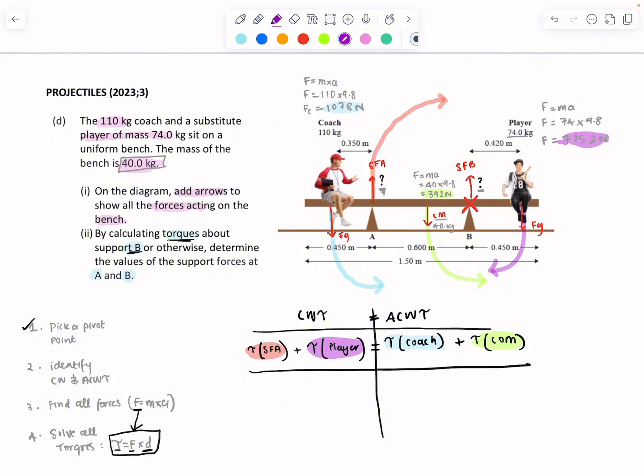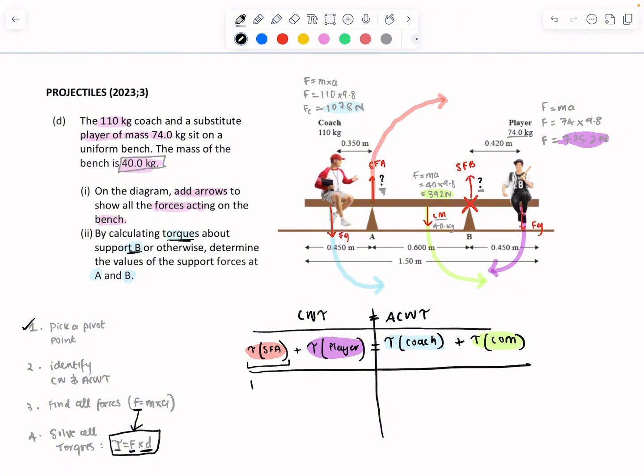All right, now what we can do is we can solve all the torque equations and flesh it out. So before I go ahead and do that, let me write the symbols for everything, just so it's really clear for you, okay? So to work out the torque equation for support force A, we are going to have to work out torque by using its force times its distance.